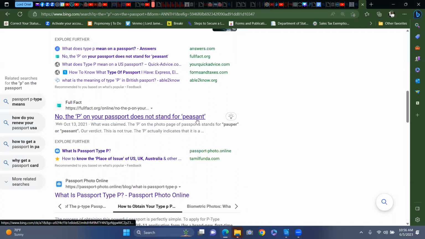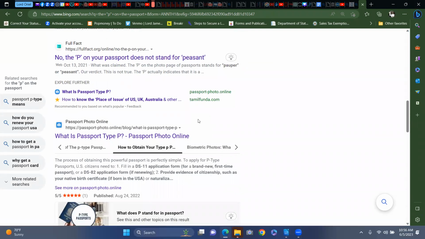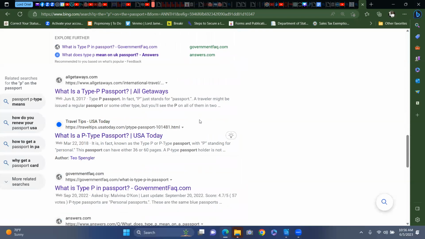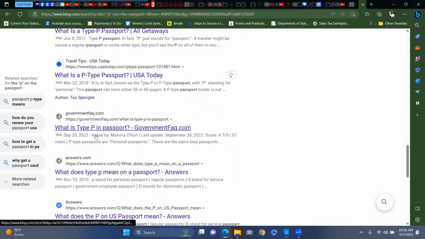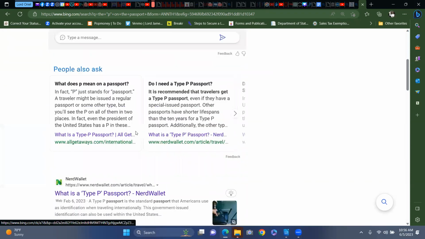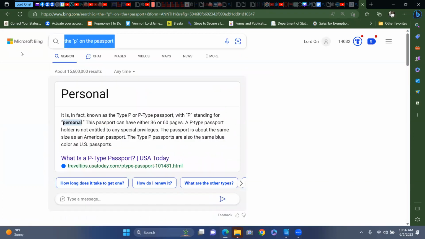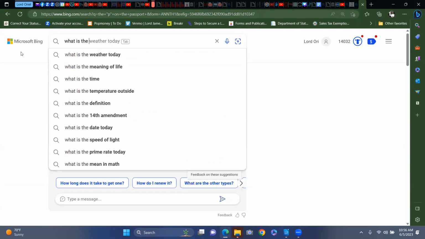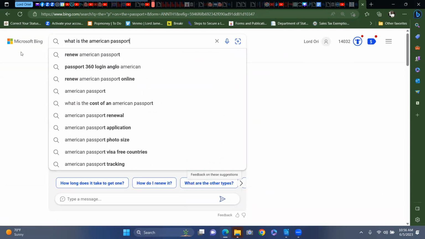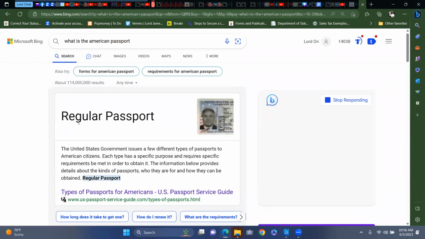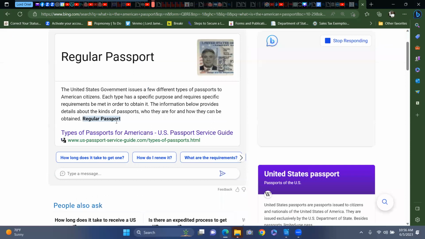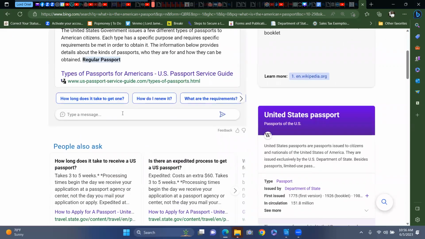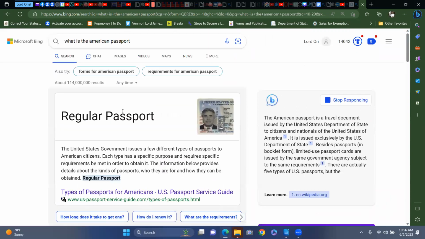No, the P doesn't stand for peasant. Okay. All right. So while I have your attention, let's just look up and see if we can see. It's really almost like they're using it interchangeably, but could there be a distinct difference between the two?